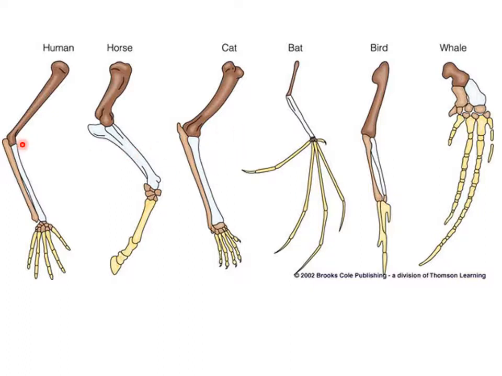Yep, cat and humans are very similar. The bird is a little bit further apart because you can see the wrist bones are pretty much gone. Whale is also really similar to the cat and the human. It's just everything's squished. Okay, so what do you think are the two most closely related of this bunch?